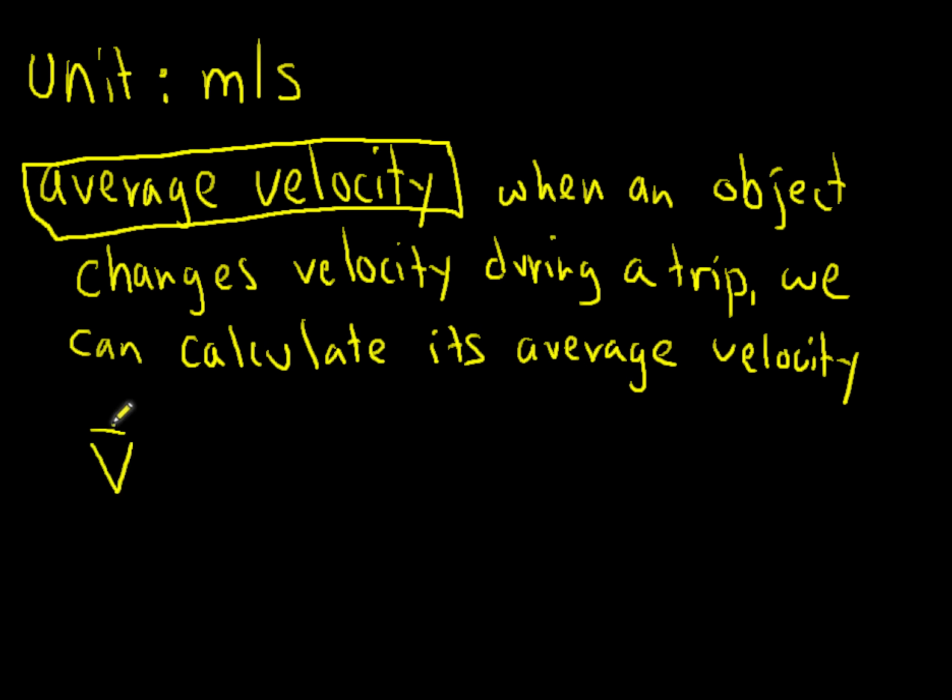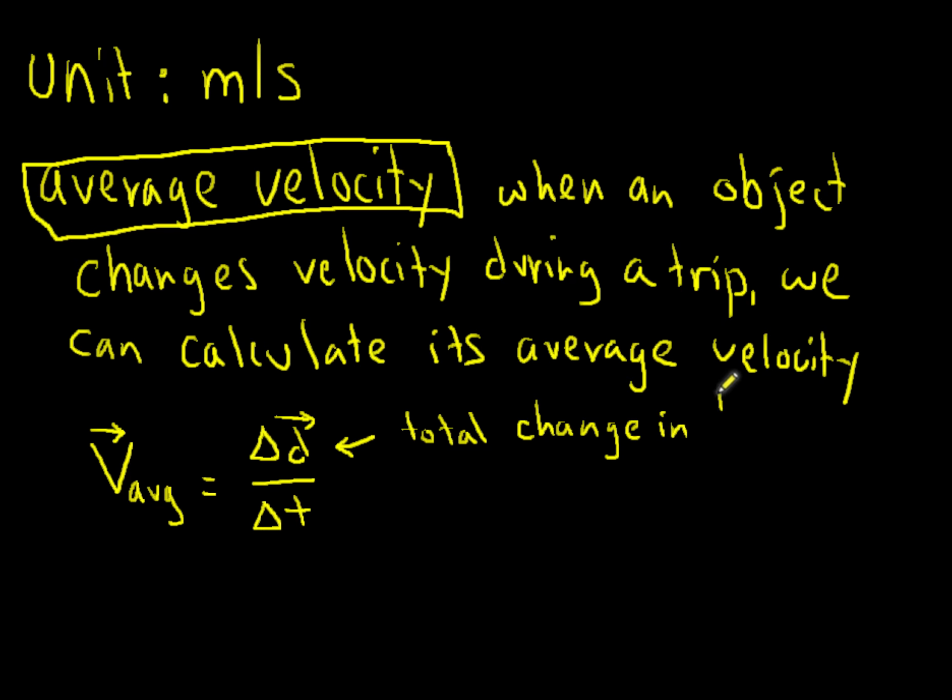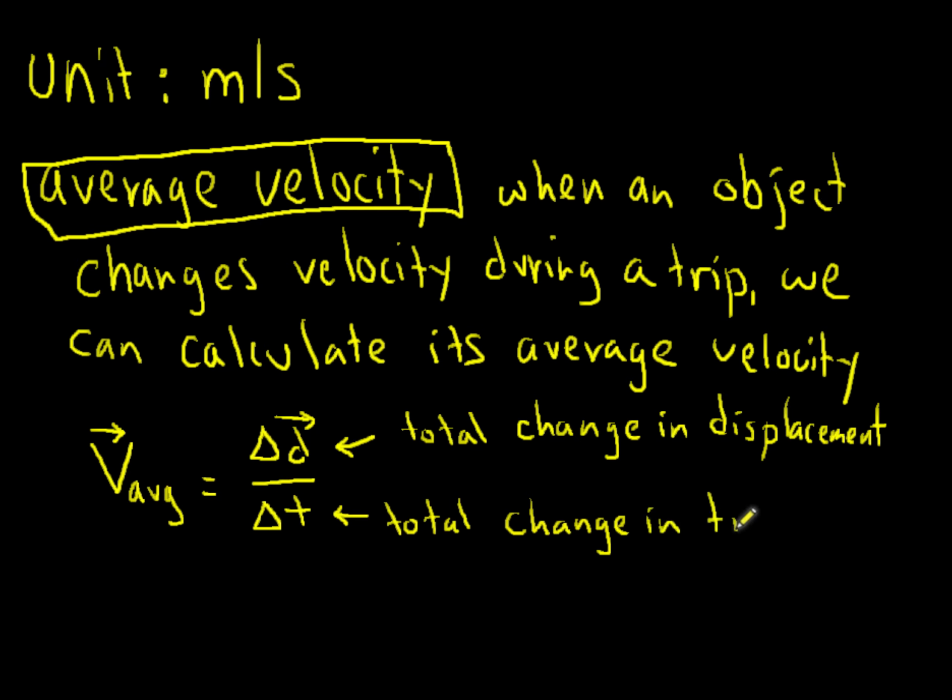The average velocity formula: v average equals delta d over delta t. Delta d is the total change in displacement. Delta t is the total change in time.